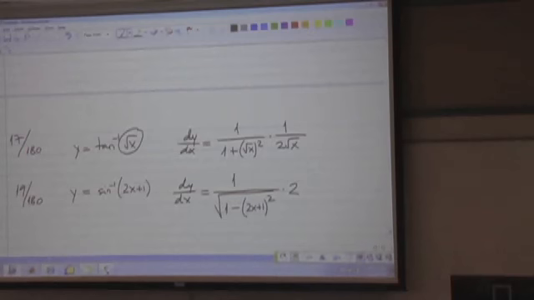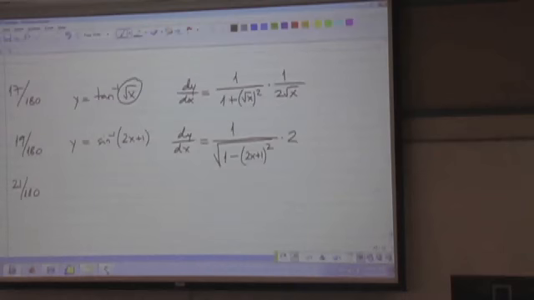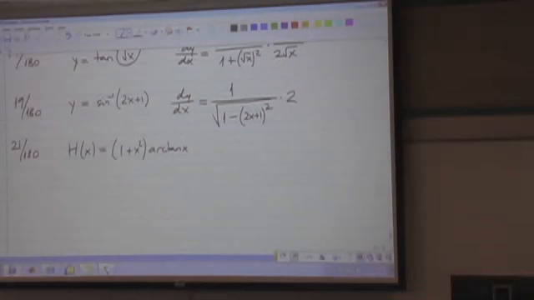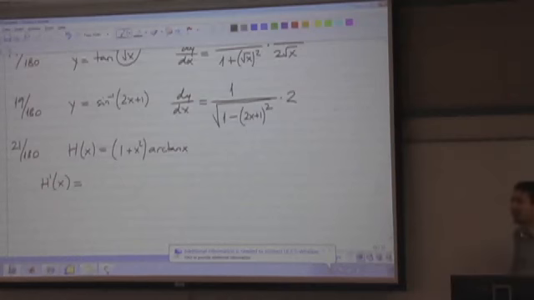21. Oh, this is a nice one. h of x equals the quantity 1 plus x squared times arctangent of x. And you tell me what the answer is, because it's going to be actually very simple.